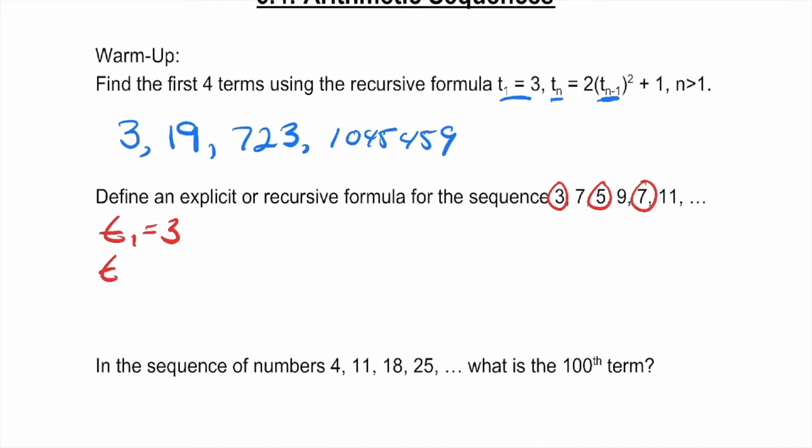Then in general, t of n is going to be not the previous term, but the term 2 terms before that, plus 2. This is for when n is greater than 1, and when n is odd.